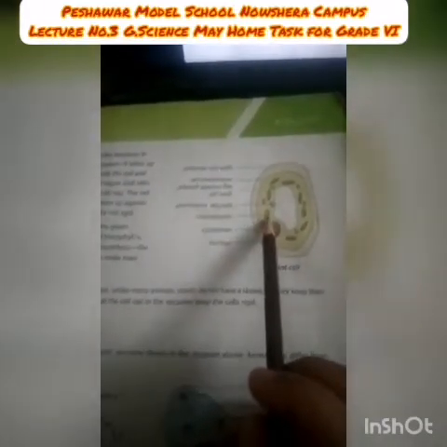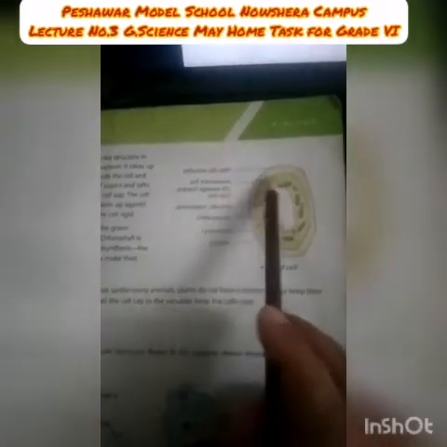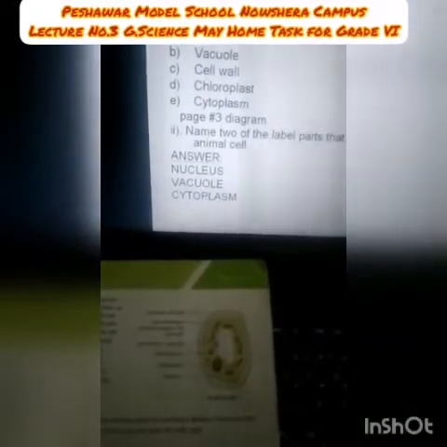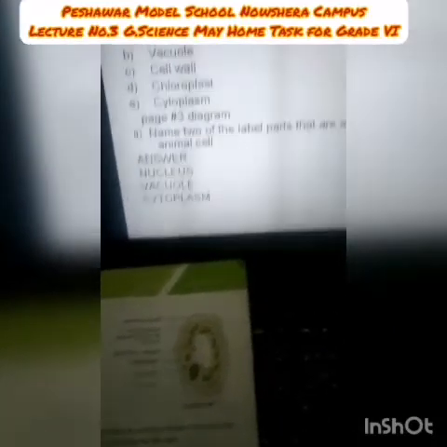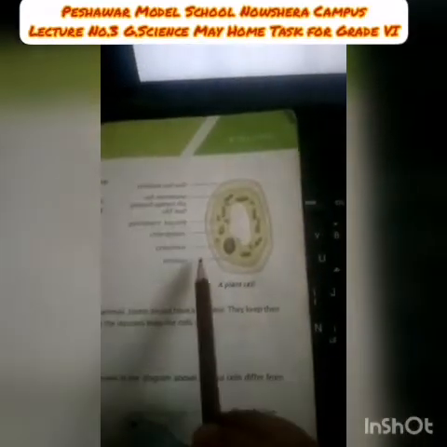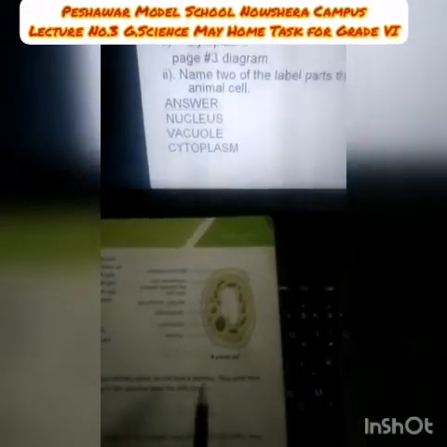This part is the chloroplast, the vacuole and the cellulose cell wall. So you will label these parts: nucleus, vacuole, cell wall, chloroplast and cytoplasm. You will draw this diagram and then label these five parts.